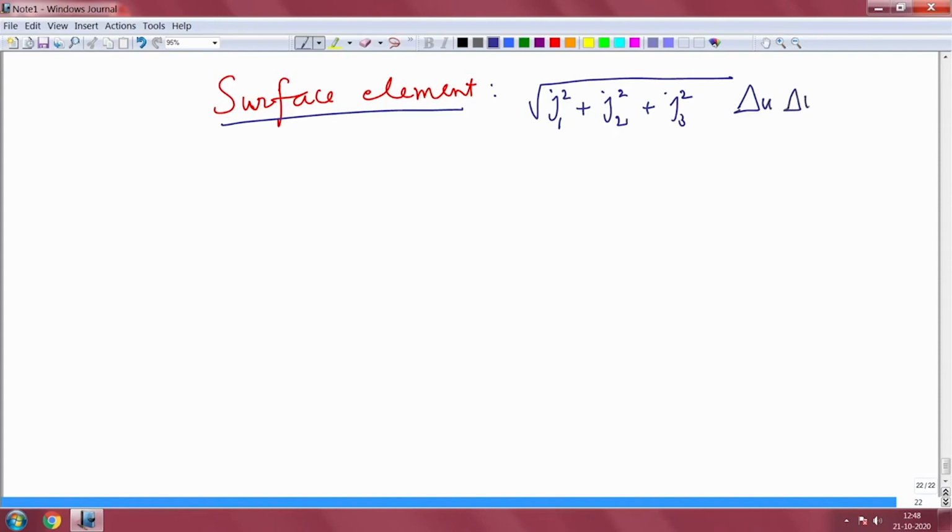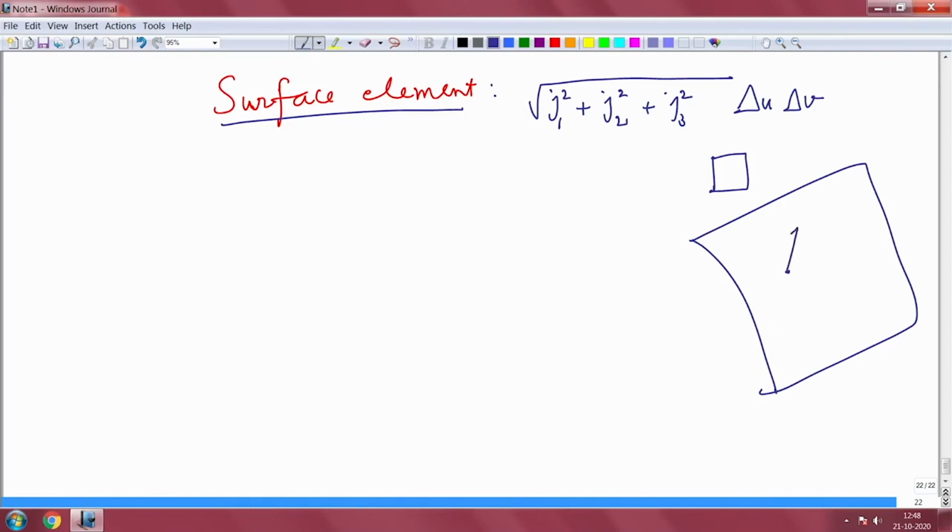The delta u delta v is a small element. For each point you get a tangent plane with vectors in the tangent plane. This approximates the area of that tangent plane parallelogram, and you get a tangent element. So, this is the element which we are looking at.